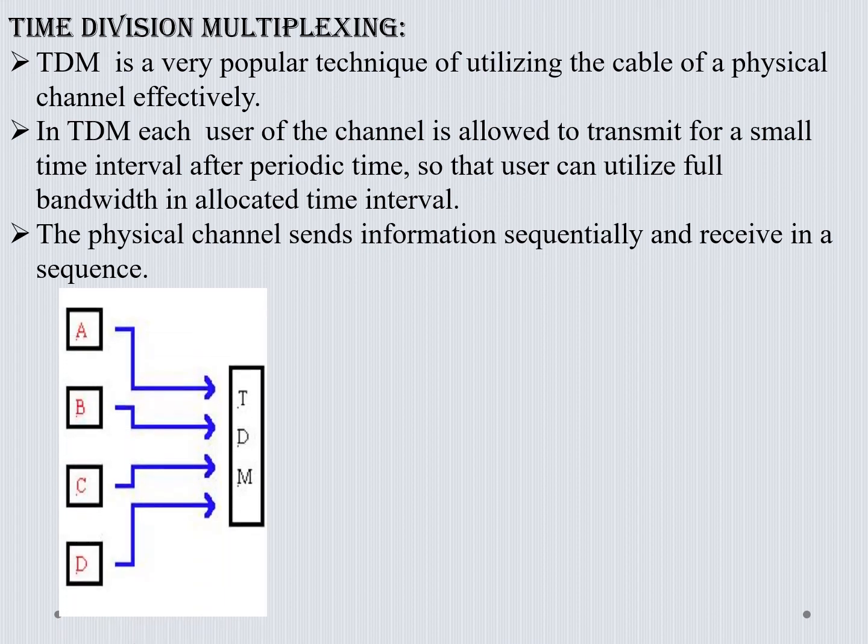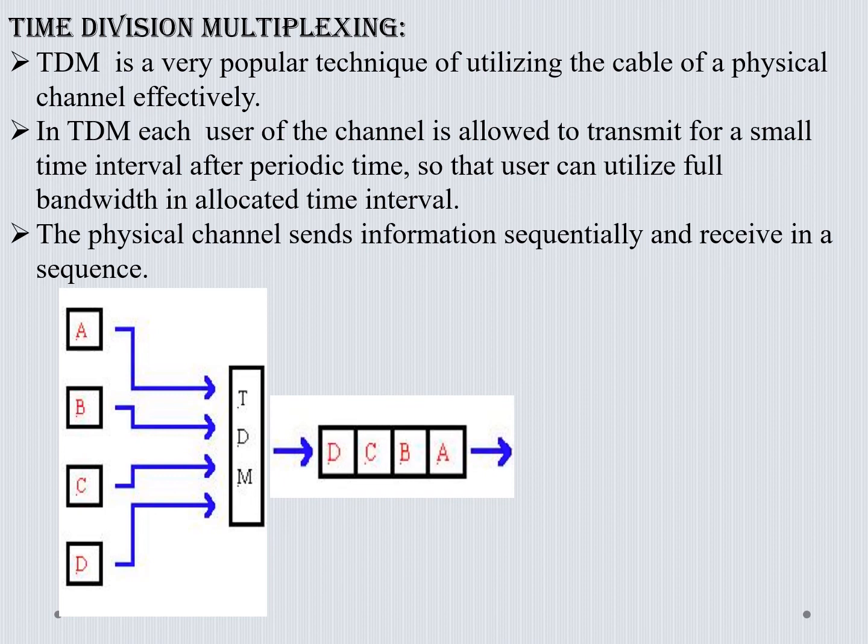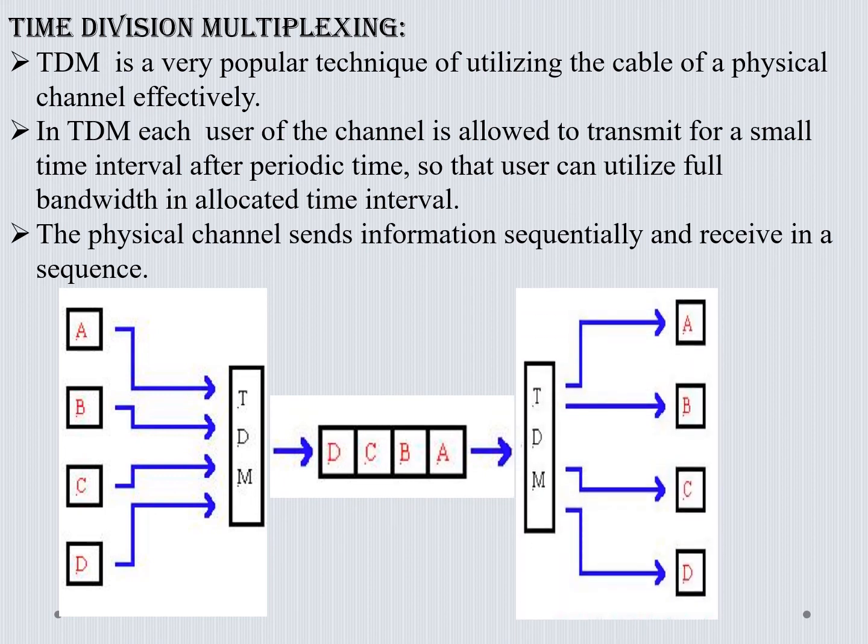So here I am having four channels A, B, C, D, and it is transmitting the data in a sequence. This is called a frame. And then at the receiving end, we receive the data in a sequence. For example, A wants to send A, A, A, B wants to send B, B, C wants to send only C, and D wants to send D, D. Now how is the data going to be transmitted in a sequence?